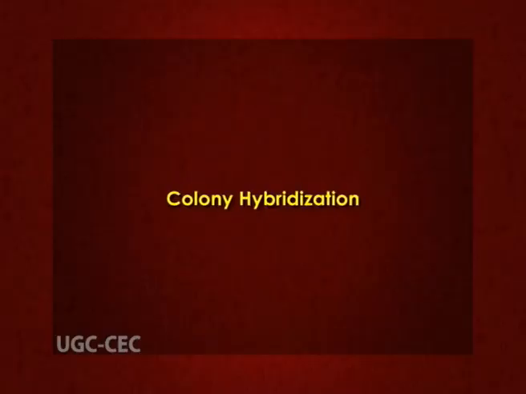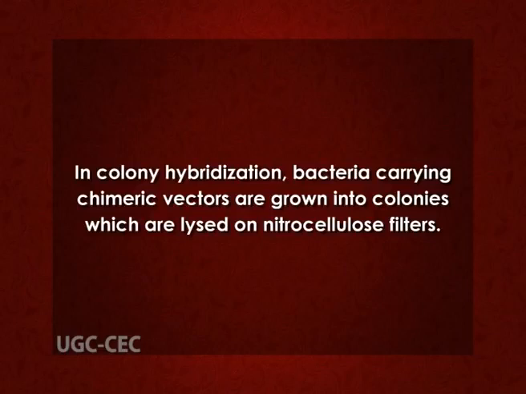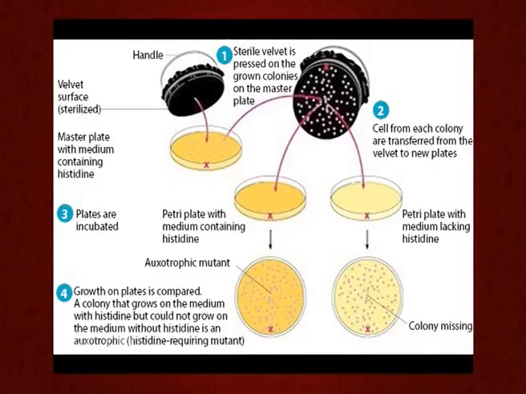First, colony hybridization. In this technique, bacteria carrying chimeric vectors are grown into colonies which are lysed on nitrocellulose filters. DNA is denatured in situ and fixed on the filter, which is hybridized with a radioactively labeled probe carrying a sequence related to the gene to be isolated.